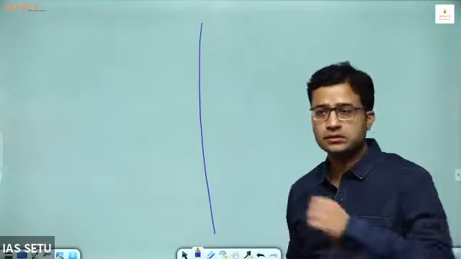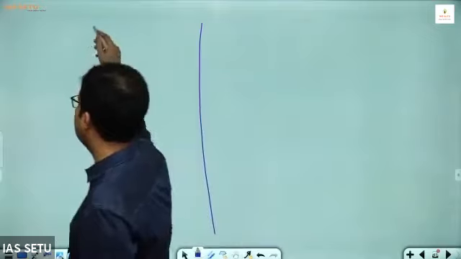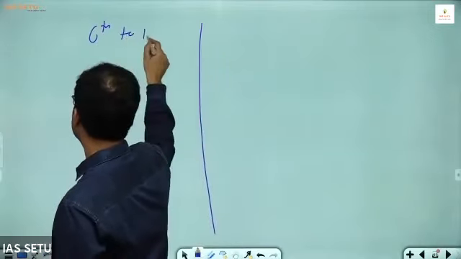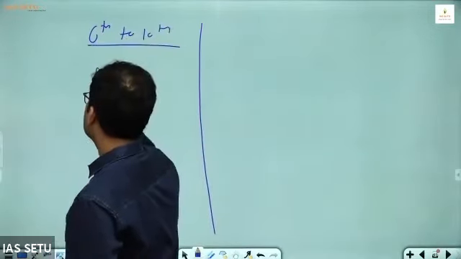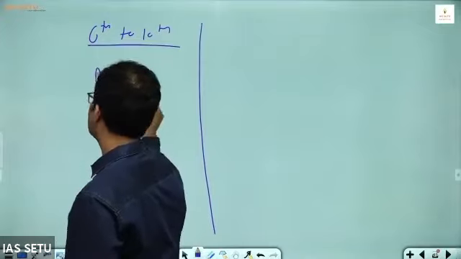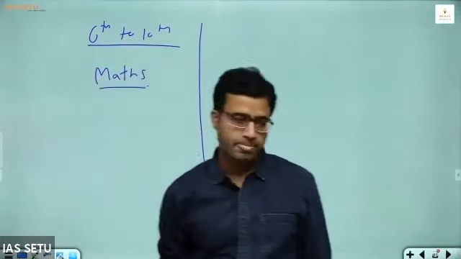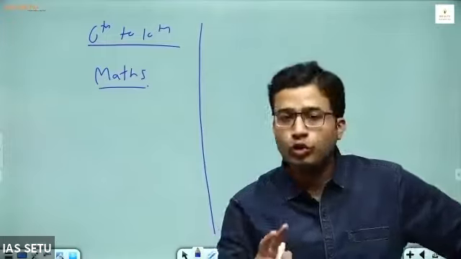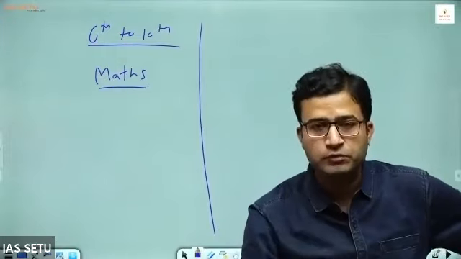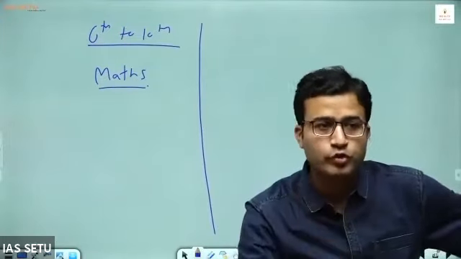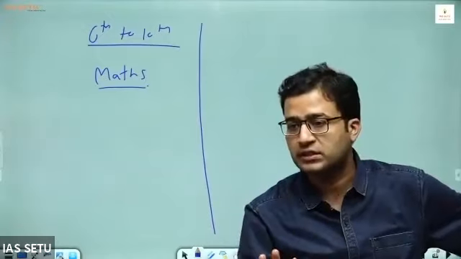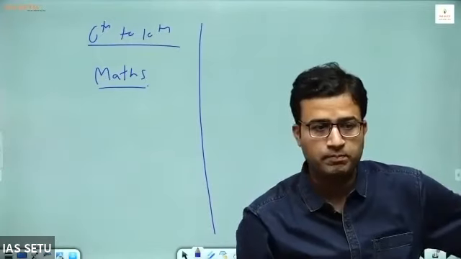In school days, 6th to 10th standard, even before that, when you solved mathematics papers, the school teacher gave you marks according to your solutions, not only the answer. They checked step by step.